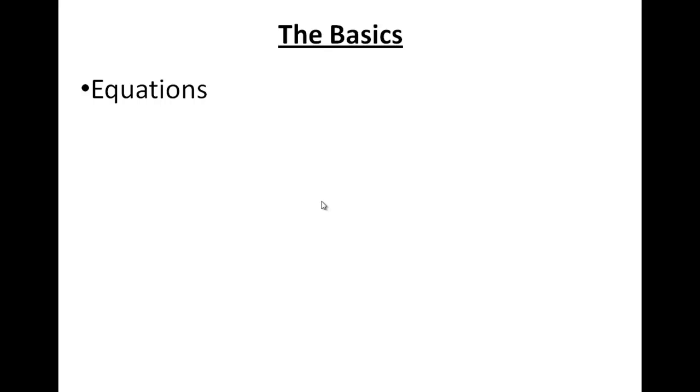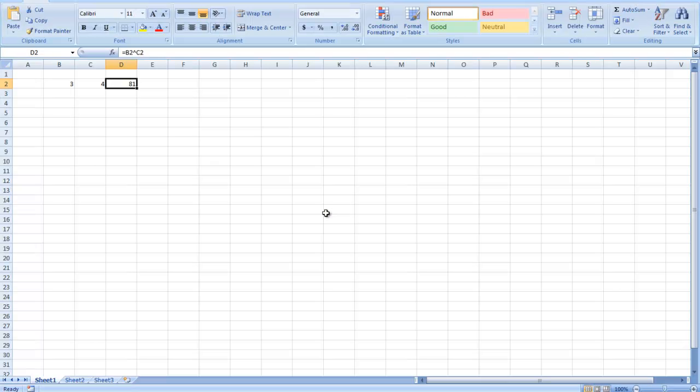So the next thing we want to do is functions. In Excel, we can form an equation for this, but there are also functions. So for example, if I had all of this, and I wanted to find the sum of all of this.